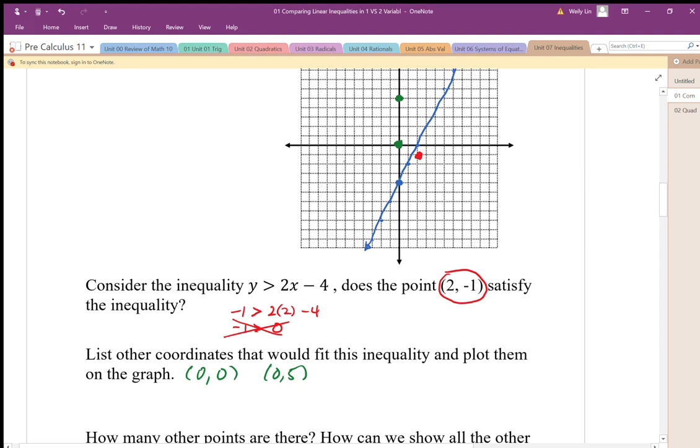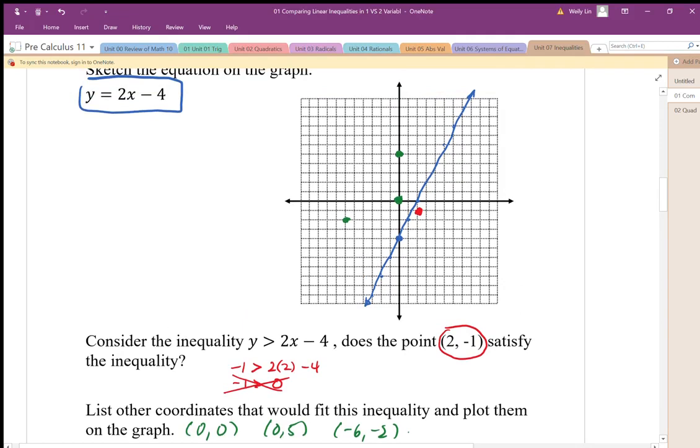What about this point here? Let's randomly select another point. x is -6, y is -2. So -6, -2, plug it into my inequality. -2 is bigger than 2 times -6 is -12, minus 4 is -16. So is -2 bigger than -16? Yeah, that works. So all three of these green points fit the inequality.